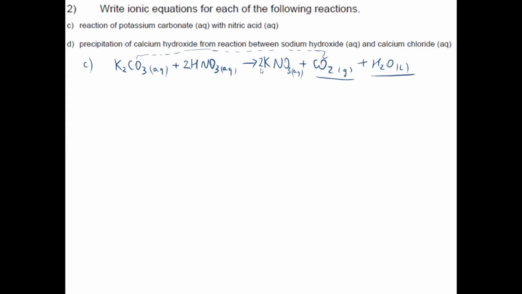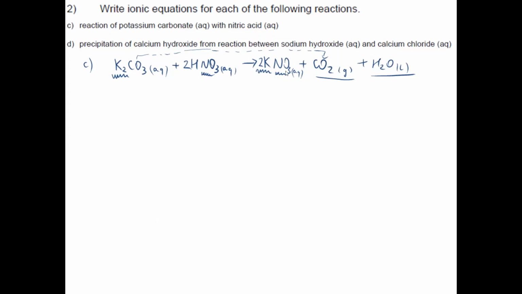So I can see that the K, in this case, that's a 1 plus, and in this case, that's a 1 plus, isn't it? And the NO3 stays unchanged. So instead of writing that middle bit, when I put 2K plus CO3 2 minus plus 2H plus 2NO3 minus gives you 2K plus, and so on, I can see already what's going to cancel out.